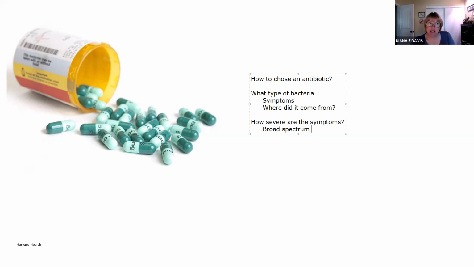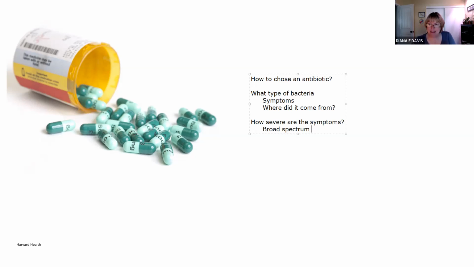So they'll try and culture the bacteria, which is a fancy way of saying get it to grow in the lab and identify it. Gram staining is one of the earliest processes to identify at least big categories of bacteria.